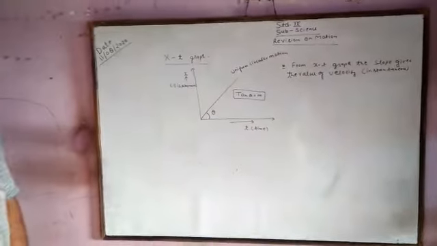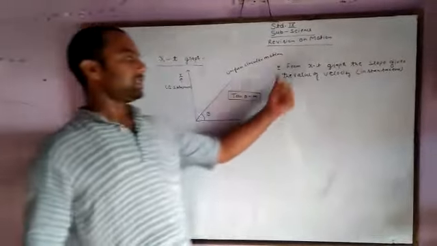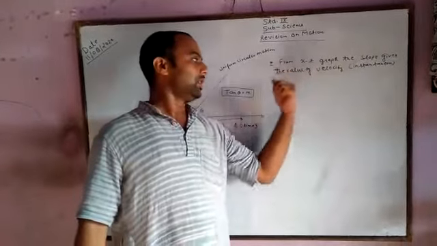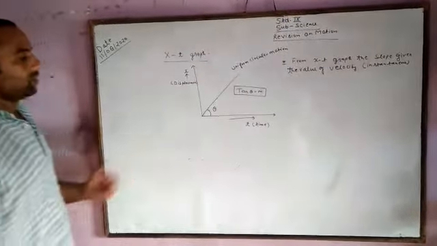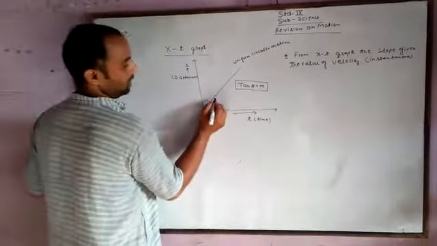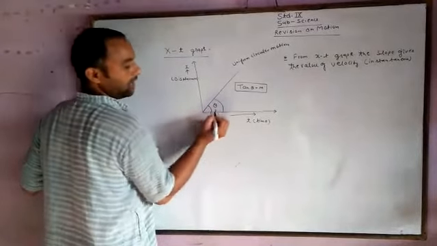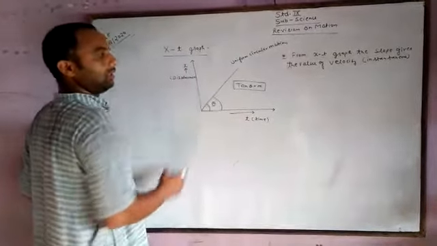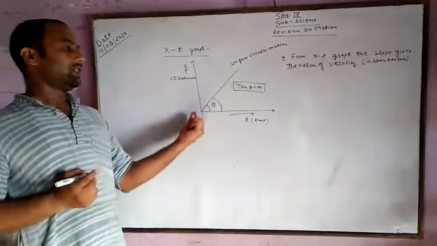First point we have to remember is that in a displacement time graph the slope gives the value of velocities. It means this slope, this angle, represents the velocity or instantaneous velocity.